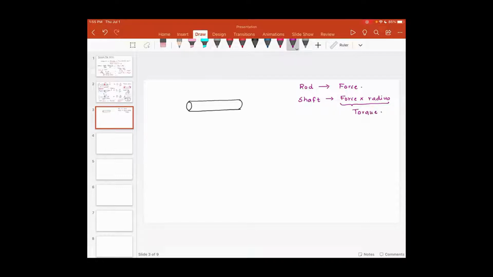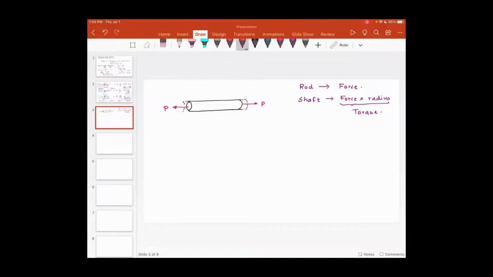So you have something called a rod and you have something called a shaft. Now what I want to do is, this is the rod. On this rod, we are applying this load P. And what happens because of this load P? This rod elongates.